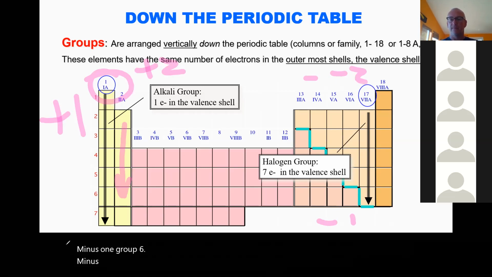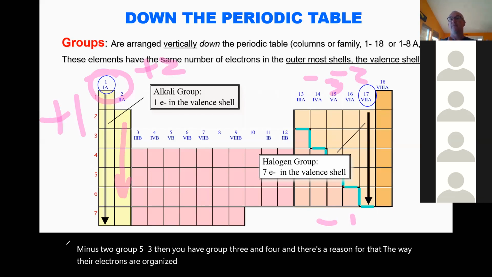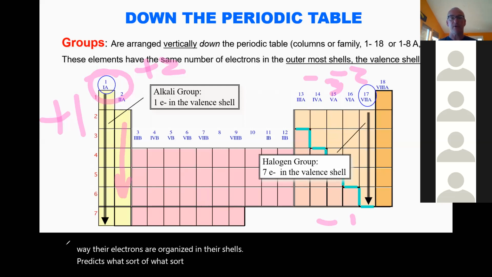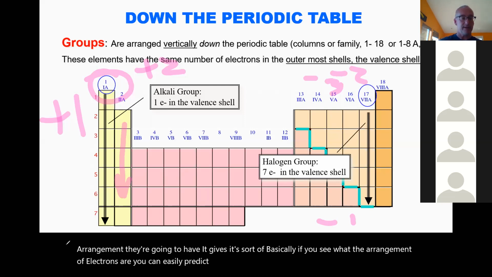Group 5, -3. And then you have group 3 and 4. And there's a reason for that. The way their electrons are organized in their shells predicts what kind of chemical arrangement they're going to have. Basically, if you see what the arrangement of electrons is, you can easily predict what its chemical properties are going to be.